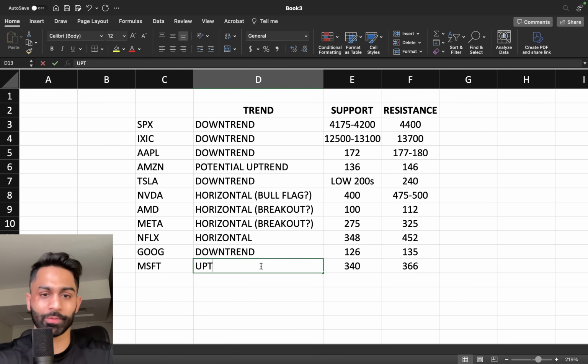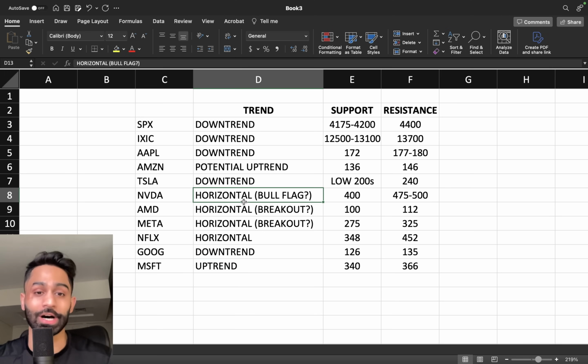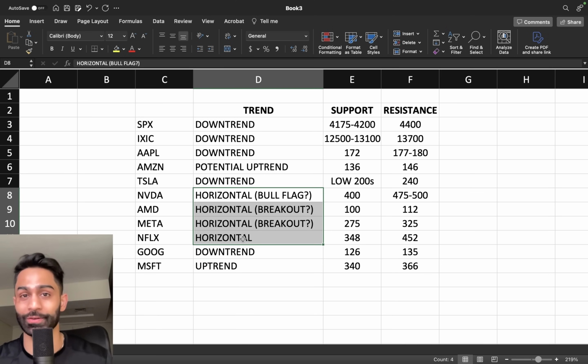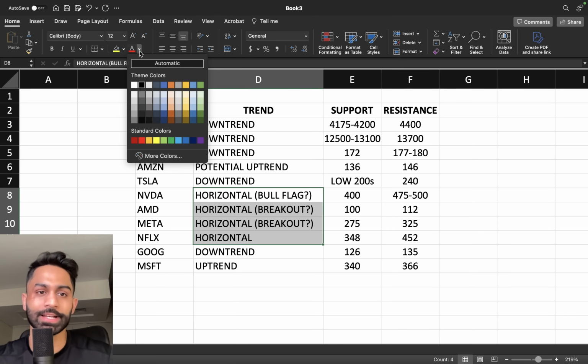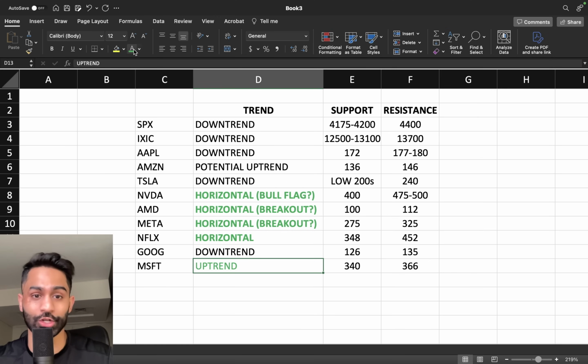Microsoft is probably the only one that's in a little bit of an uptrend right now, with a lot of potential for other stocks to carry forward and move forward as well, with a potential breakout and an uptrend. So what I would put down is that the probability for us is looking up for this momentum to continue, with Microsoft leading the charge in this uptrend.